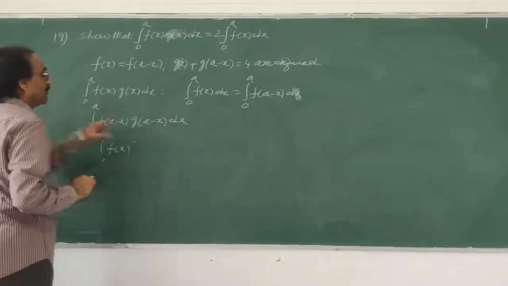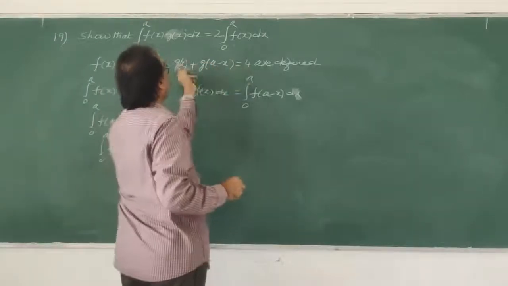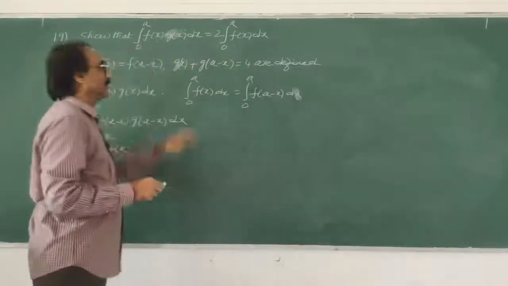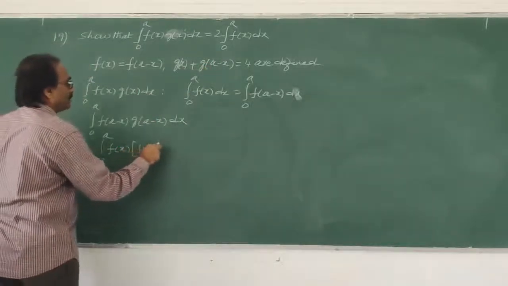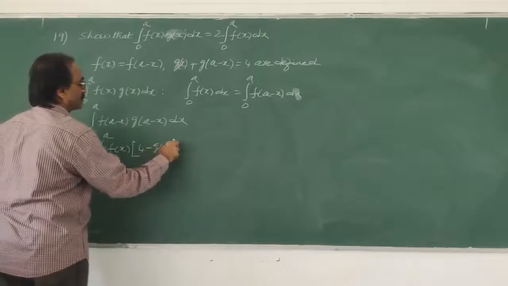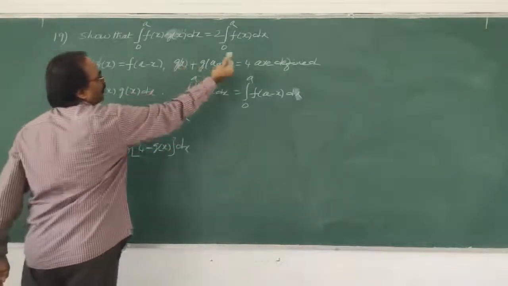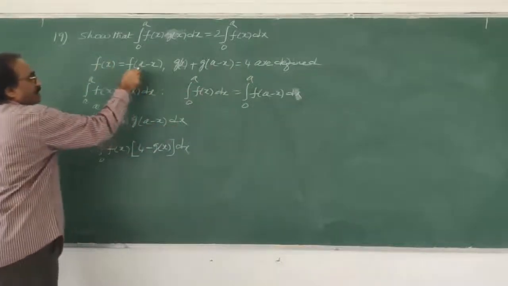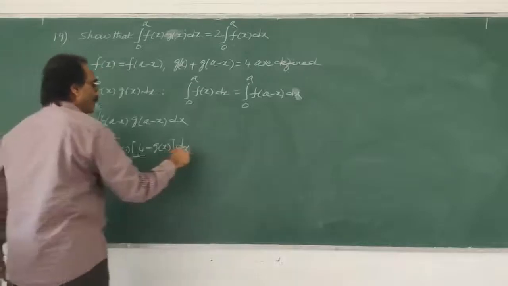Into g of a minus x, how much will you get? 4 minus g of x, from that condition, 4 minus g of x dx. In place of g of a minus x, I wrote 4 minus g of x, and in place of f of a minus x, I wrote f of x. Correct? Now you simplify.